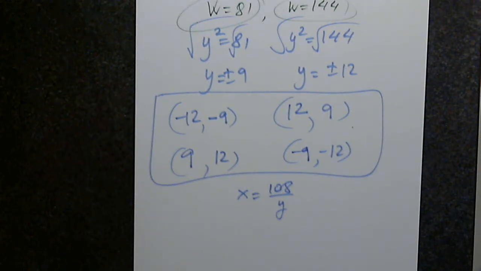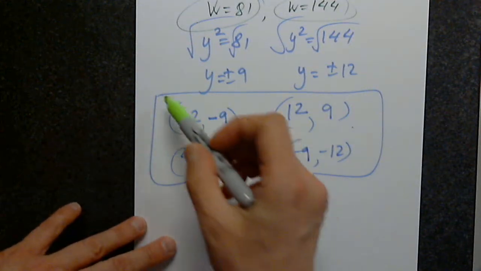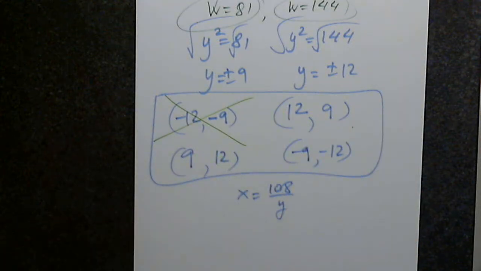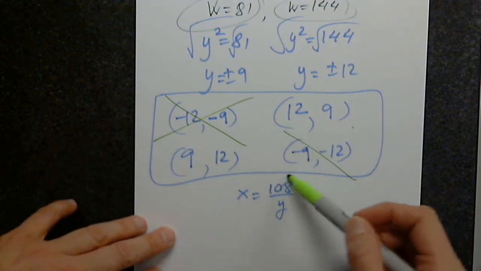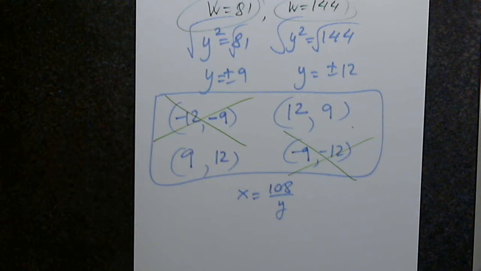Since we are only talking about, and I forgot to mention that, it was such a long problem that we forgot what we were doing. We're talking about a rug, right? So then, please remind me, Priscilla, on Wednesday, this makes no sense for the rug. Everything is good. But when it comes to the rug, I can't say that the rug in the middle of the room is -12 feet by -9 feet.